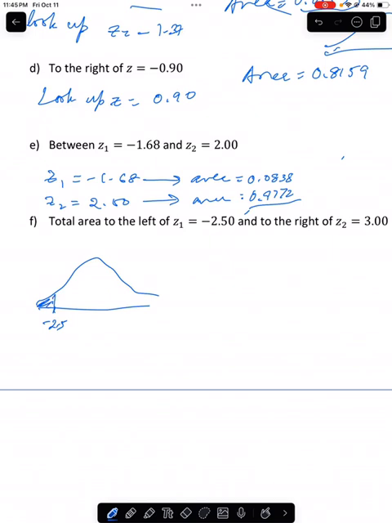So what we do, as before, for Z1, which is negative 2.50, we look up Z1. Negative 2.5 is giving me 0.0048.